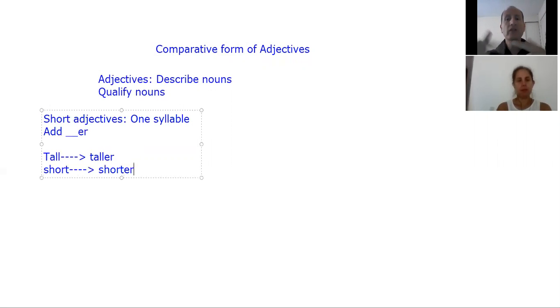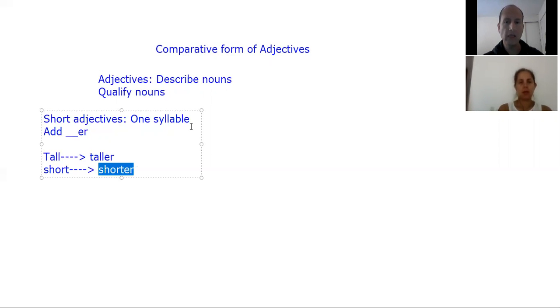Now, how would you express the same sentence about Paloma and Daniel in regards to their height, but using shorter? Shorter es como más bajito. That's right, that's correct. How would you use the sentence in that case?